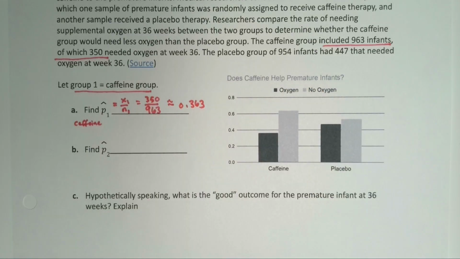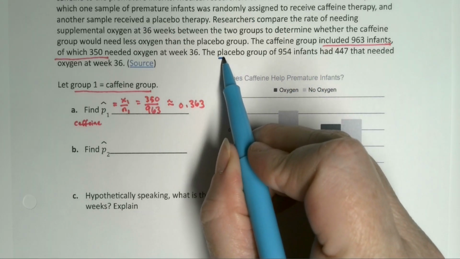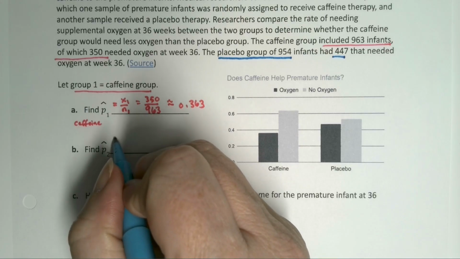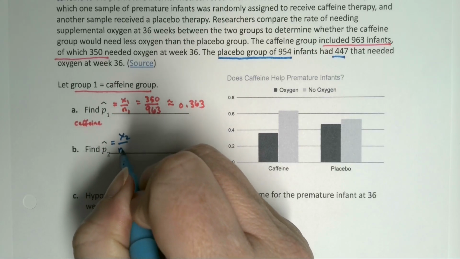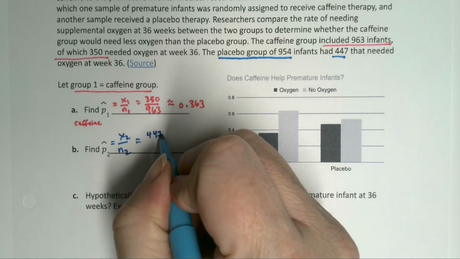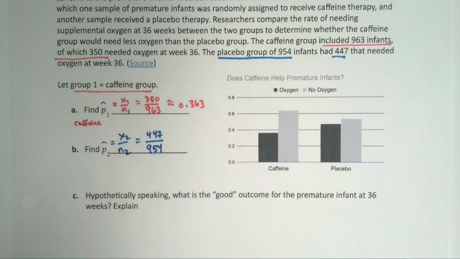All right, now for p hat for group 2. Group 2 was the placebo group. They had 954 infants, of which 447 needed oxygen. So that's x2 over n2, which would be 447 over 954. Sorry, I misread that number.